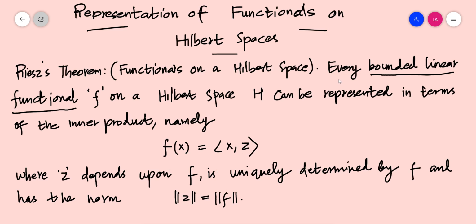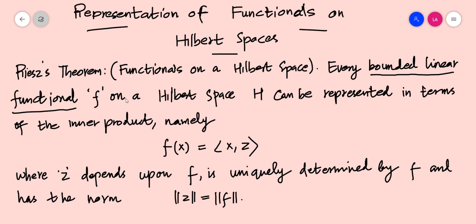So an arbitrary bounded linear functional on a Hilbert space always has a representation as an inner product with some element. That element is unique, and it has the same norm. That's the general idea.